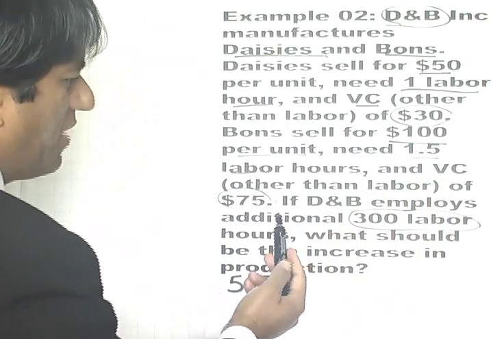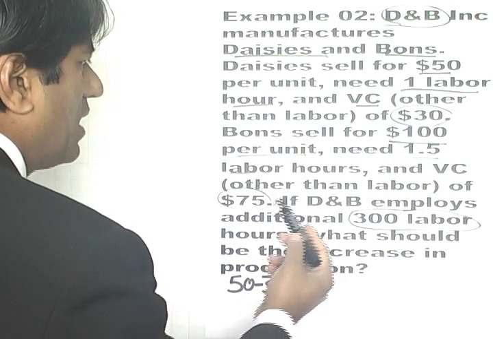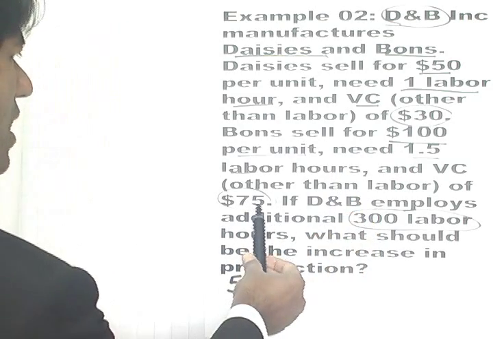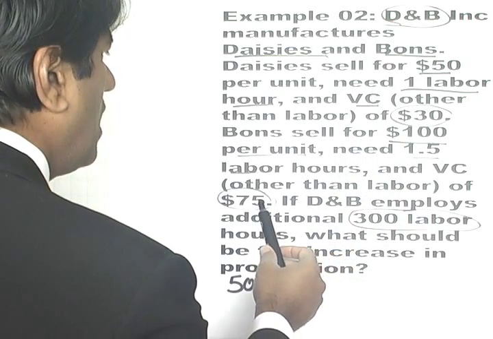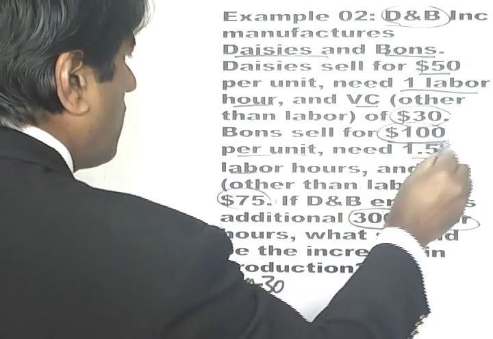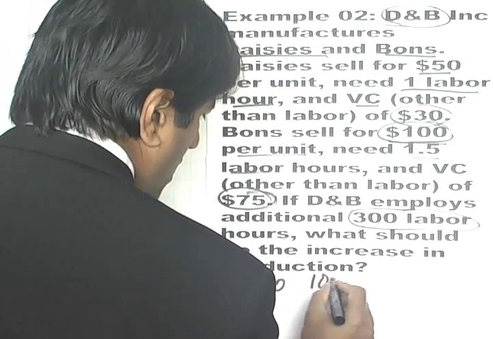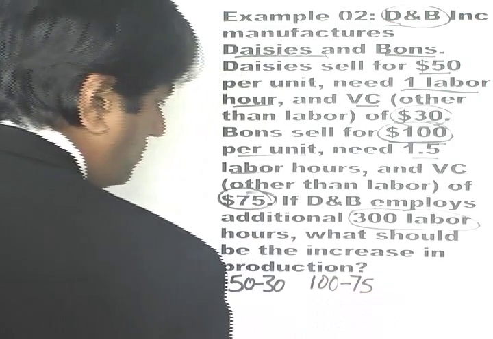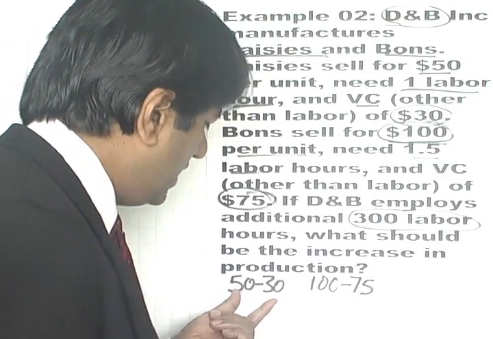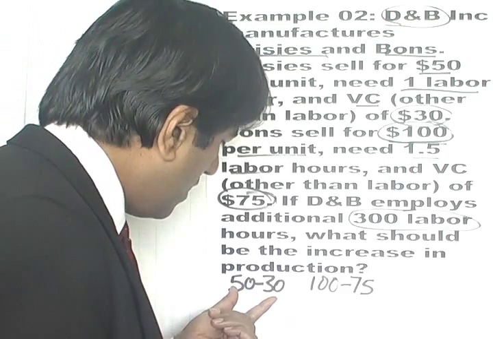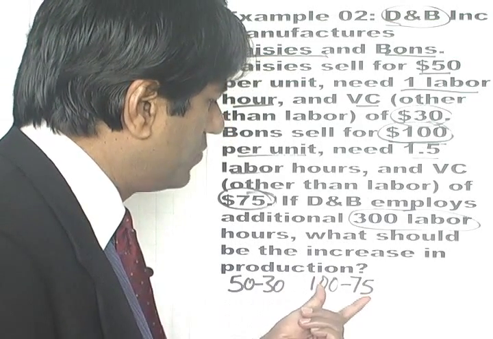The incremental profit from 1 more unit of bonds is $100, which is the price, minus 75, which is the variable cost. So each additional unit of daisies produces $20, and each additional unit of bonds produces $25.